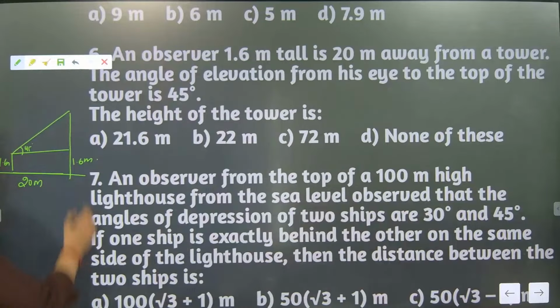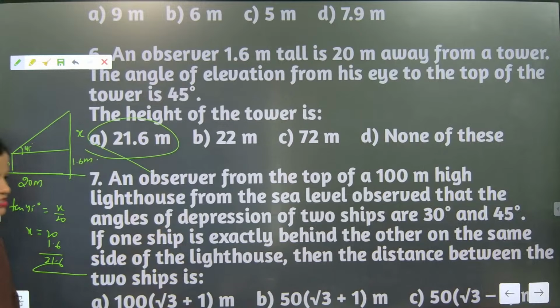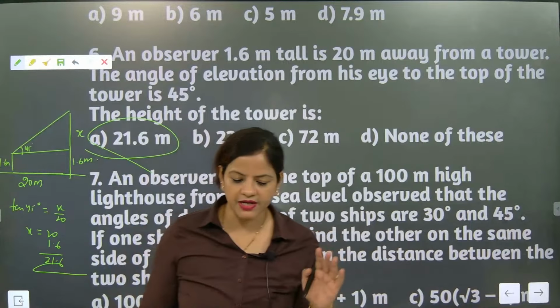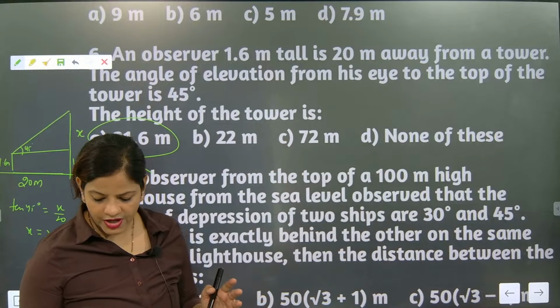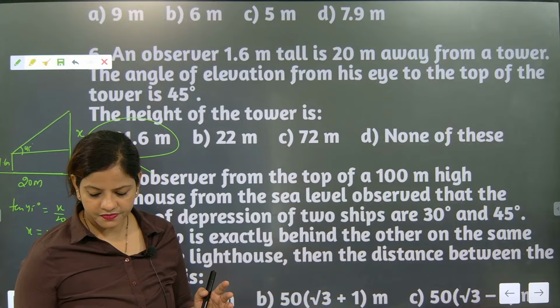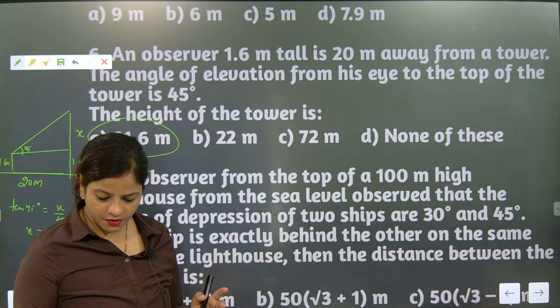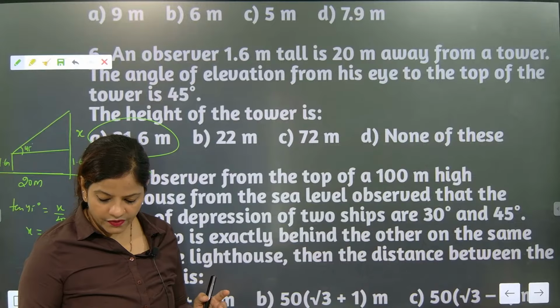The height of the tower is, this one is taken as x. So tan 45 degree is equal to x by 20. So x is coming as 20. 20 plus 1.6, so it will come 21.6. Answer is absolutely 21.6. Super.